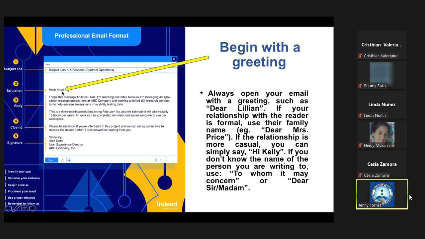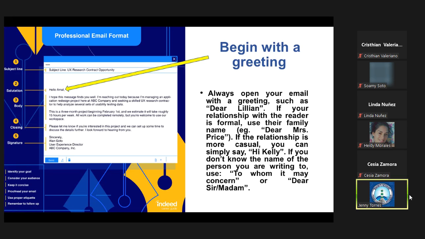Como nosotros lo que estamos haciendo son correos a nivel de negocios, entonces no podemos usar un hello amal, pero sí podemos usar un dear Mr. o dear Mrs. ¿Ok? En ese caso, vamos a auxiliarnos de la palabra Mr. o Mrs. y seguido el apellido de esa persona. Esa es una forma muy respetuosa de tratarles.